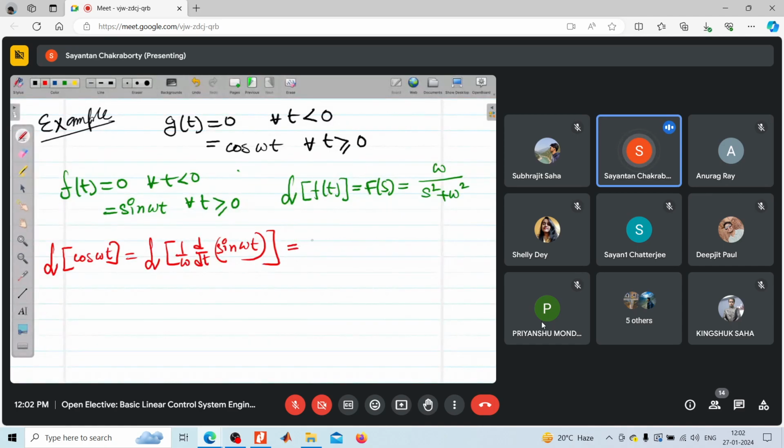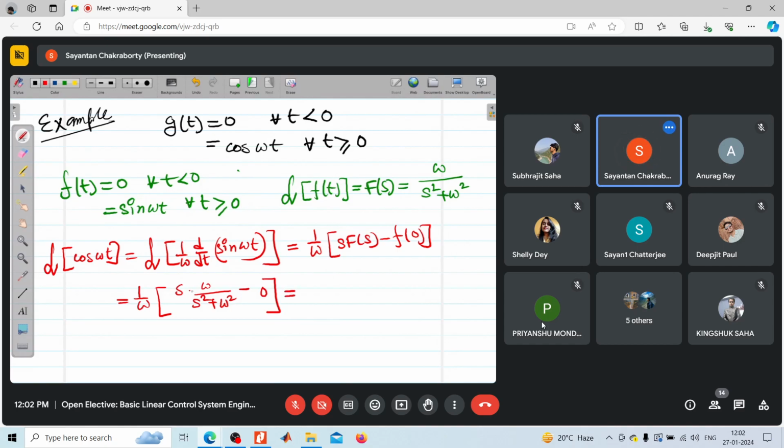So from that you can write down 1 by ω times s into F(s) minus f(0). So that will be 1 by ω, s into ω over (s² plus ω²), minus sin 0. What is sin 0?